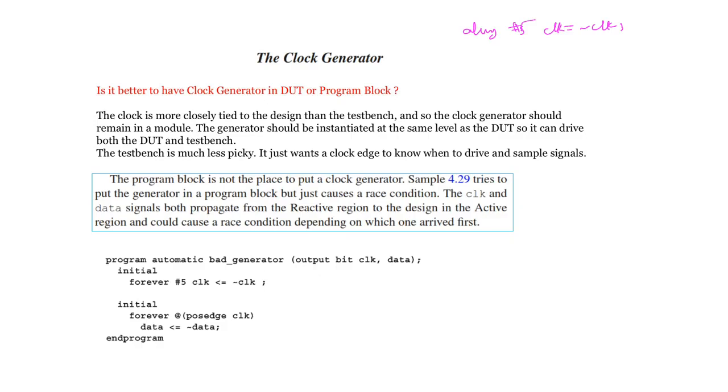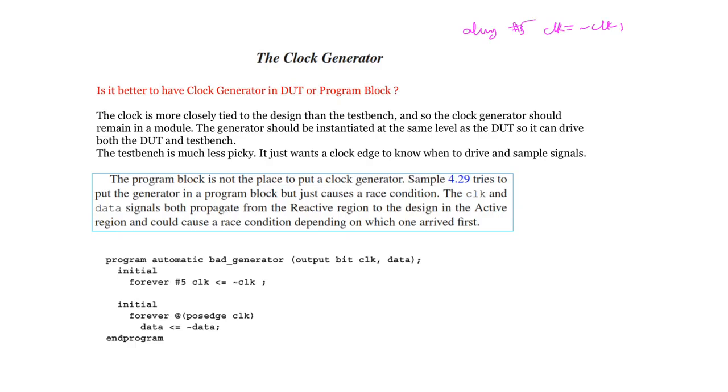Whenever you are writing these statements, that means generation of clock, will it be kept in the test bench or will it be kept in the module? Is it better to have the clock generator in the DUT or the program block? It is always better to place it in the DUT. It's not that suitable when you place it in the program block.